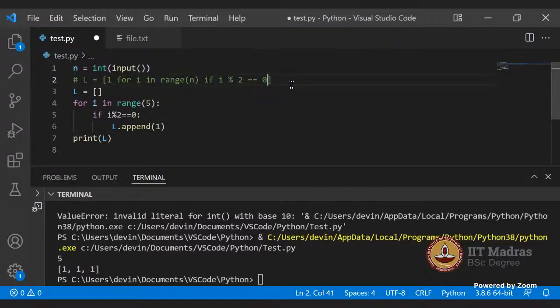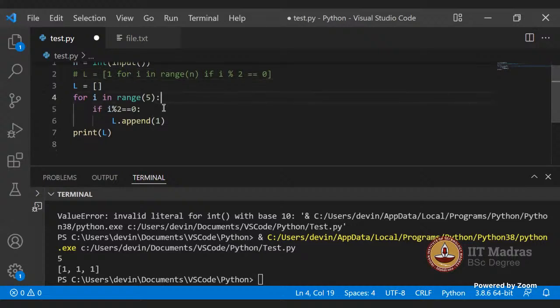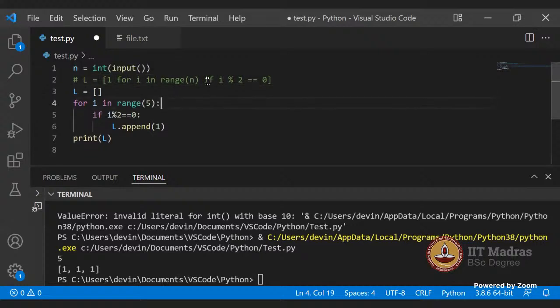Yeah. So this is just for the case where we are checking for which I values it should append this value 1. That's it. But the first option is, what we are doing is we are appending 1 if I percentage 2 equals 0, else... Okay, let me just print this.